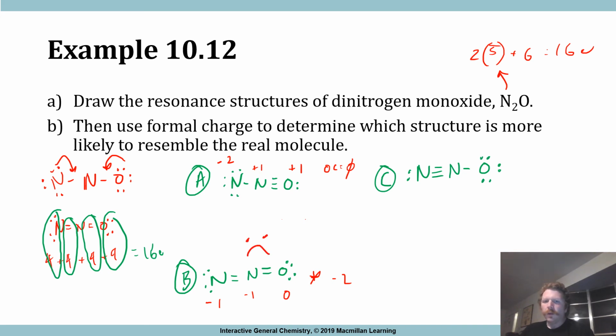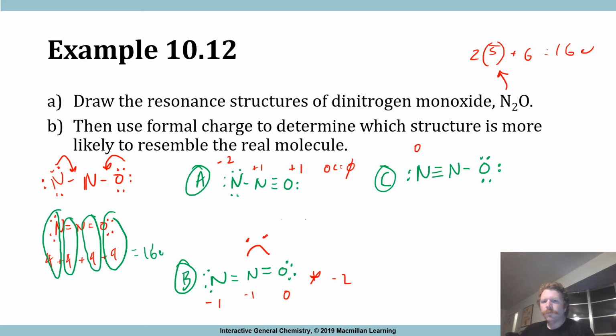Now the last one. Okay, nitrogen, 5 valence electrons minus shared electrons is 6 divided by 2, plus unshared electrons is 2. Okay, so that would be 5 minus 3 plus 2 would be 5. That would be 0. Okay, that's an interesting start.